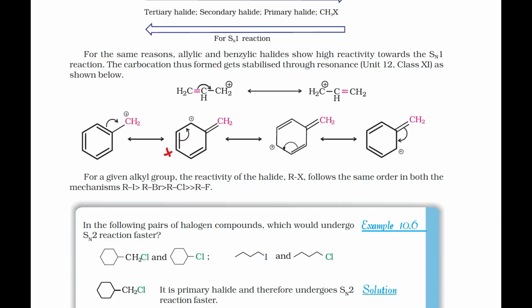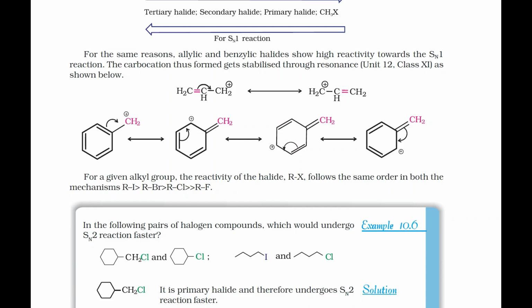Then we will get positive charge here because this carbon's electron is moved towards this. Then the next movement happens here, then you will get positive charge here. Then it comes over here, then you will get positive charge. That is this one. So I can write 4 canonical forms, 4 resonance forms.